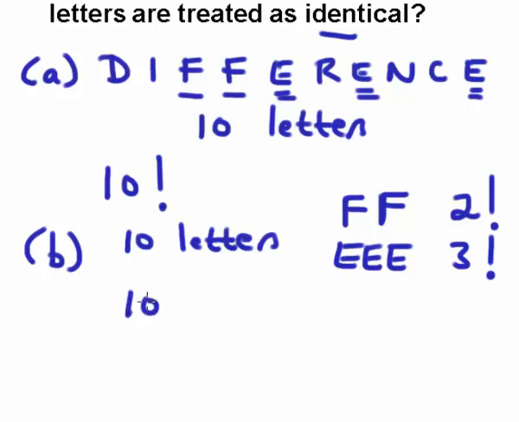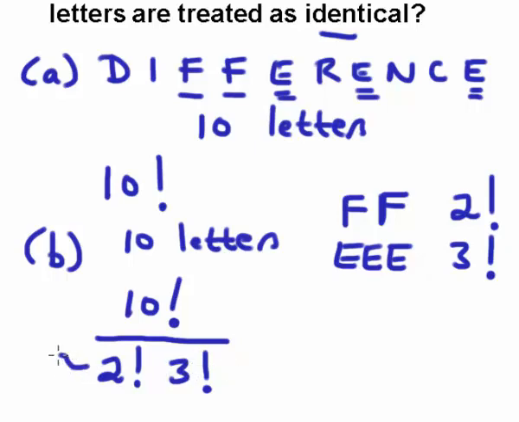It will be the total number, 10 factorial, divided by, for the F, which is written twice, 2 factorial, and then the letter E is written 3 times, so we write 3 factorial.